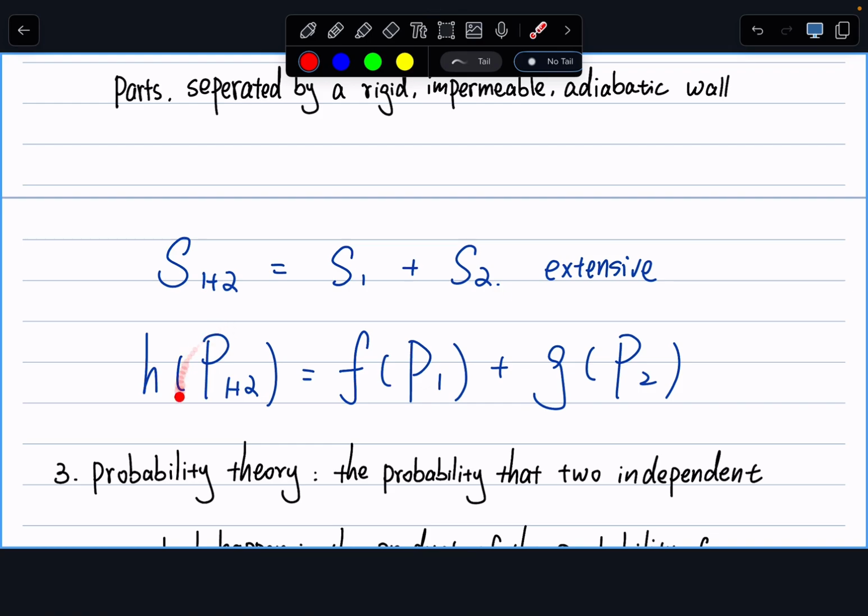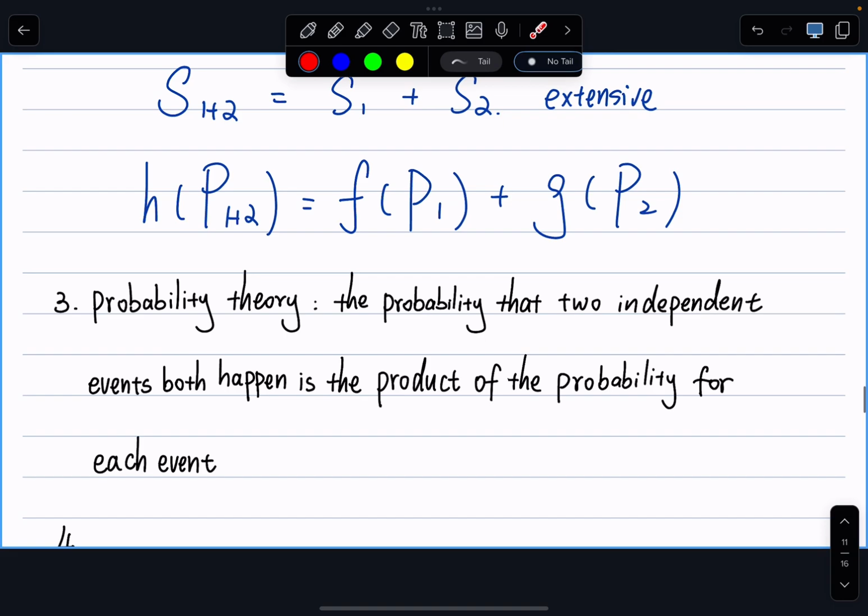Now, what is the probability of 1 and 2 happening at the same time? Now, in probability theory, the probability that two independent events both happen is the product of the probability of each event. Like you toss two coins, one time, two times, these are independent from each other. The probability you get 2 heads is, well, 1/2 times 1/2.